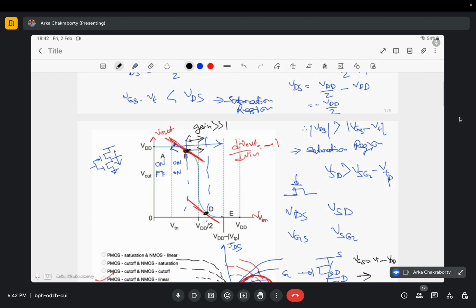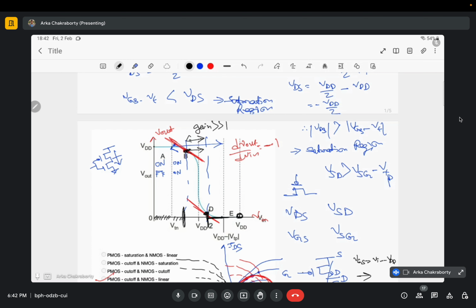It can be used to design amplifiers. Okay, now till now it is not used, but some research is going on to use this region of operation, as gain is very high, to design amplifiers and all. Now we always ensure that when I give any input, say I am giving a logic low as input, my logic low should not cross this point, and my logic high should not cross this point.